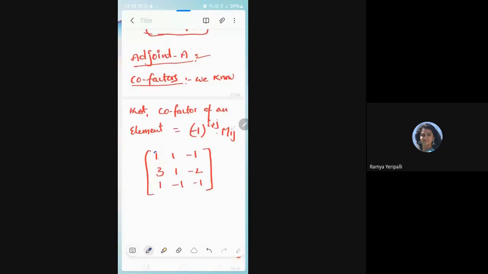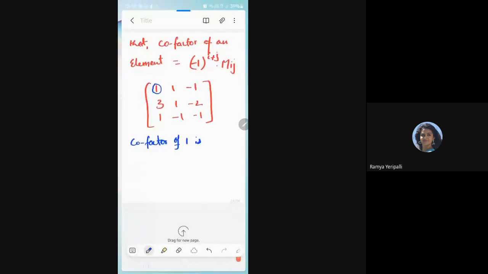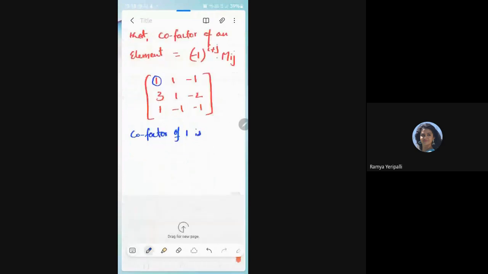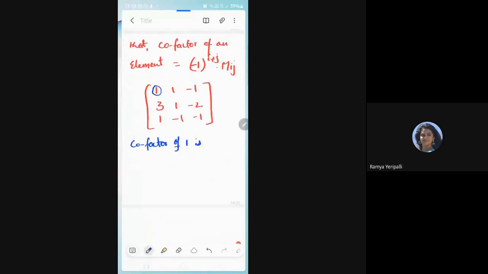First element 1. That means the cofactor of 1 is minus 1 to the power of 1 plus 1, as this element is in the first row and first column, into the minor. Now leave that first row and first column.